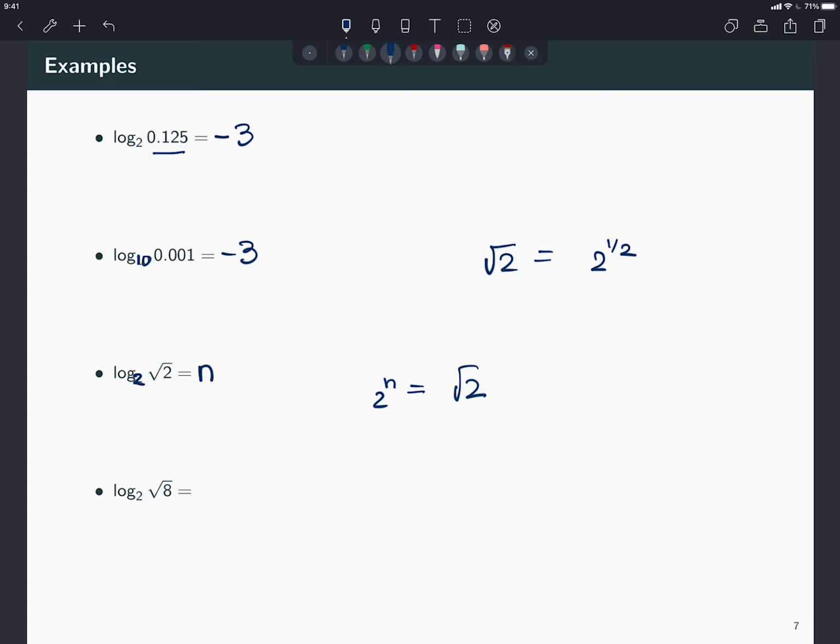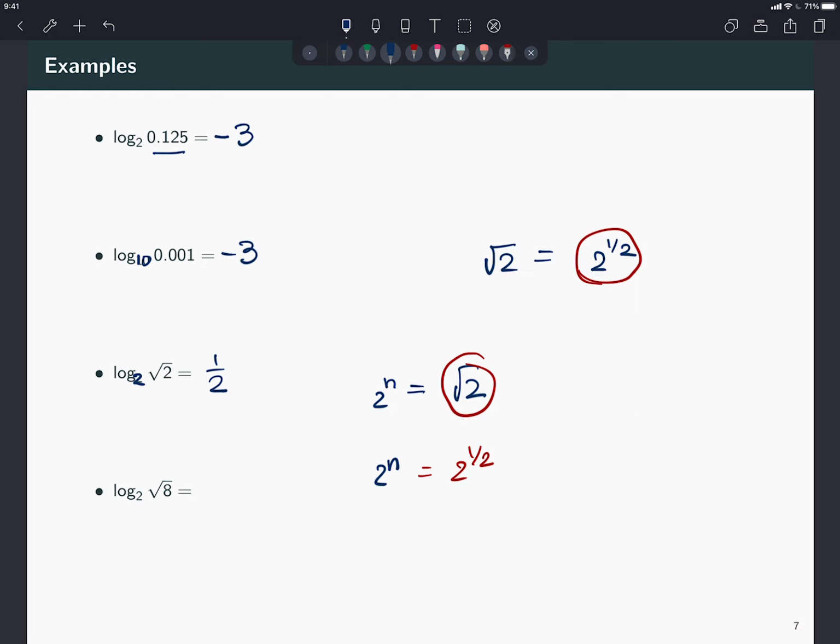But if I write the root 2 like this, it looks pretty silly. I'm saying I'm looking for n such that 2 to the n is 2 to the 1/2. So of course, n is 1/2, right?